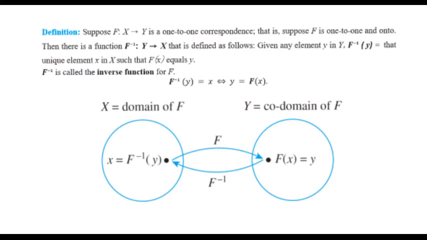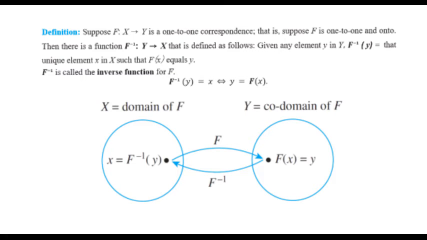So if f is both one-to-one and onto, then there is a function which we call f inverse with the domain y and codomain x. So please note that in f, x was the domain. In f inverse, x is the codomain. In f, y was the codomain, but y here is the domain of f inverse.